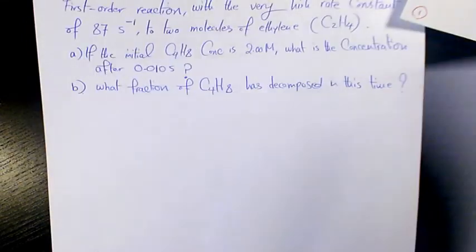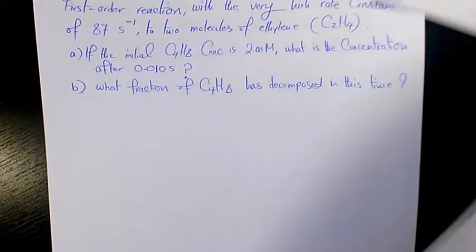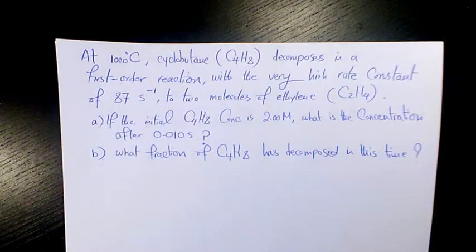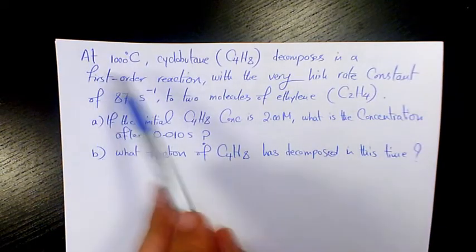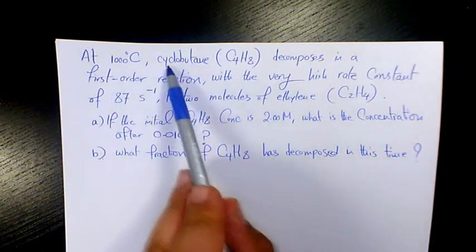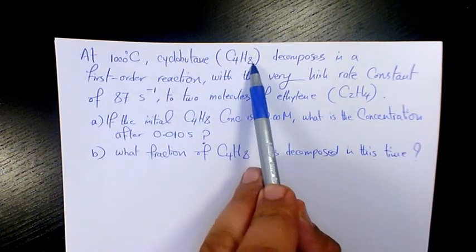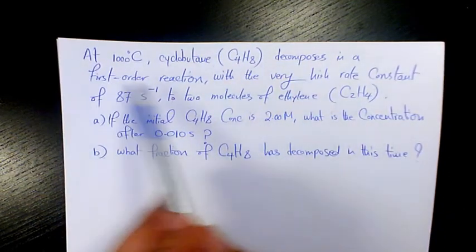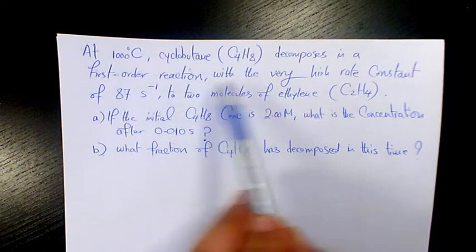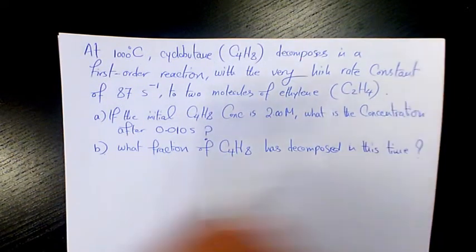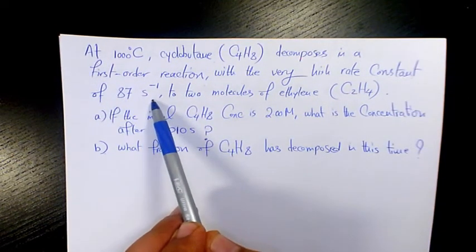Let's see another example. At 1000 degrees Celsius, cyclobutane C4H8 decomposes in a first order reaction with the very high rate constant of 87 per second.